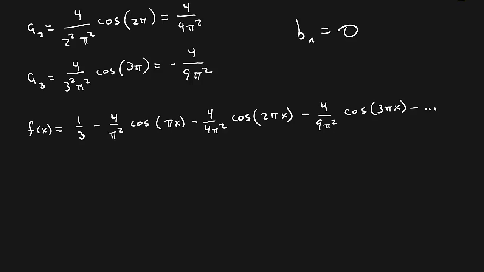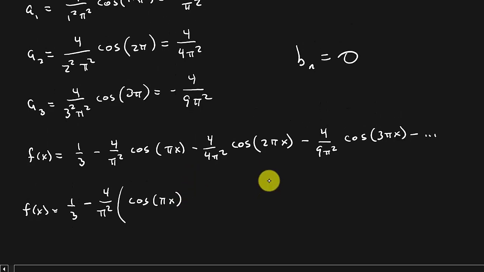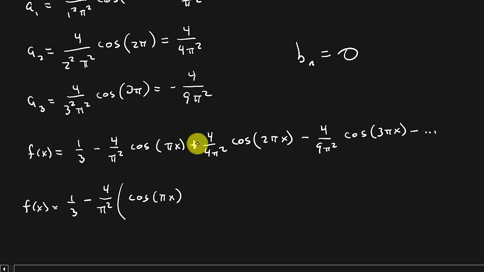All right, so now we've just got f of x is equal to 1/3. Now what I can do here is I can factor out a negative 4 over pi squared. So that's going to leave me with cosine pi x. Oh wait a minute, I don't know why I wrote a minus there. That should be a plus.